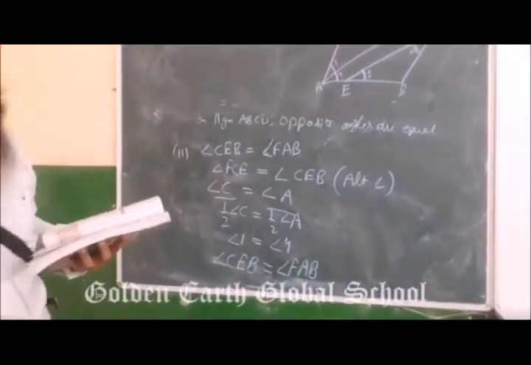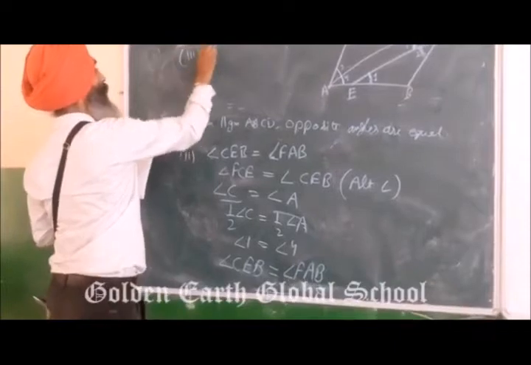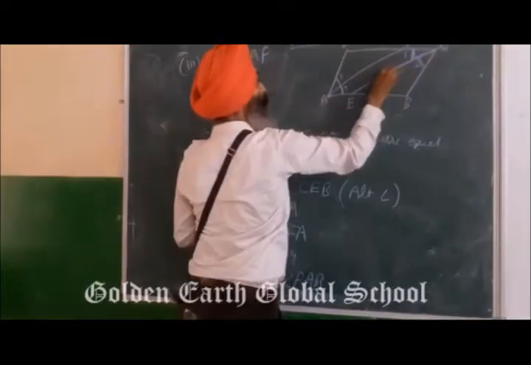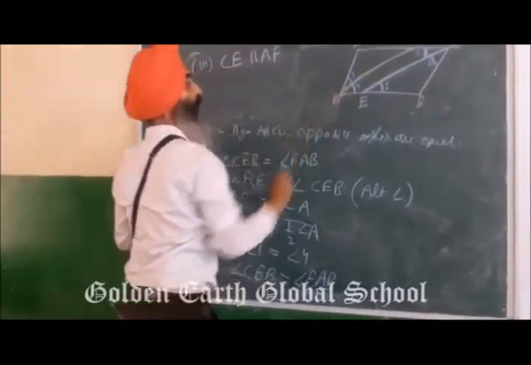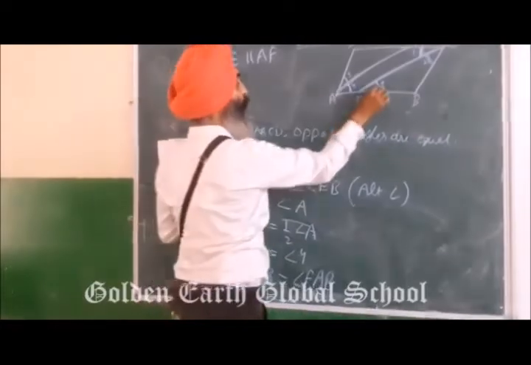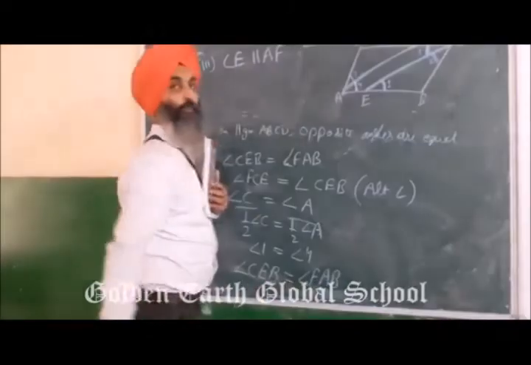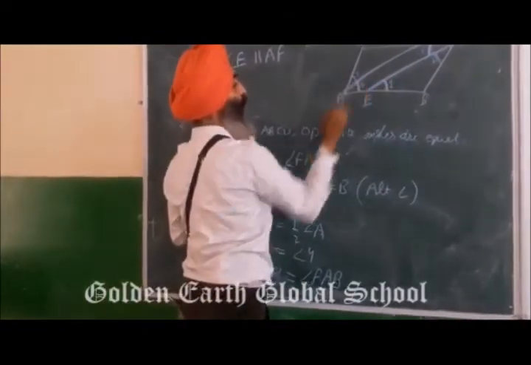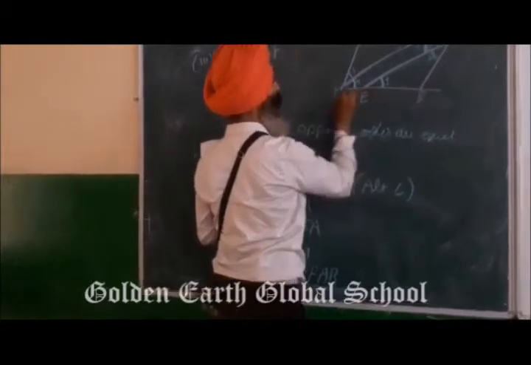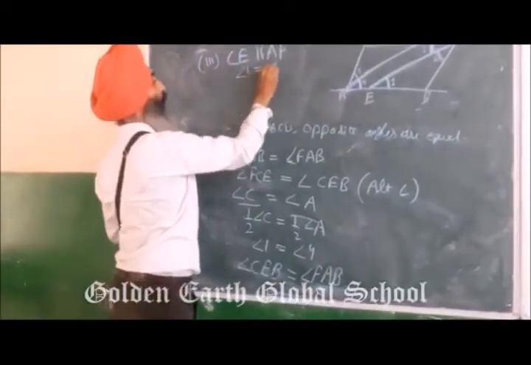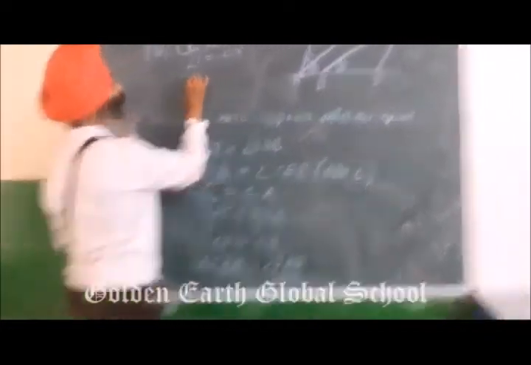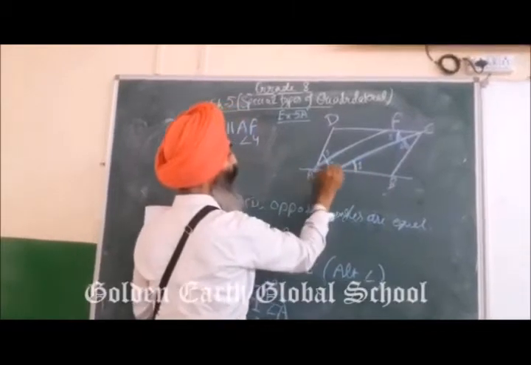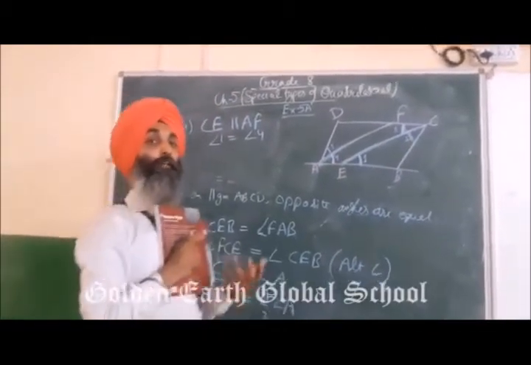Now next one is, we have to prove that CE is parallel to AF। Third part है CE is parallel to AF। CE को parallel prove करना है AF की, okay। ध्यान से देखो, हम already prove कर चुके हैं कि angle 1 is equal to angle 4। तो ये transversal line मान के चलो, if angle 1 is equal to angle 4, and if AB is a transversal line, then can you say that if the corresponding angles are equal, then the lines will be parallel.